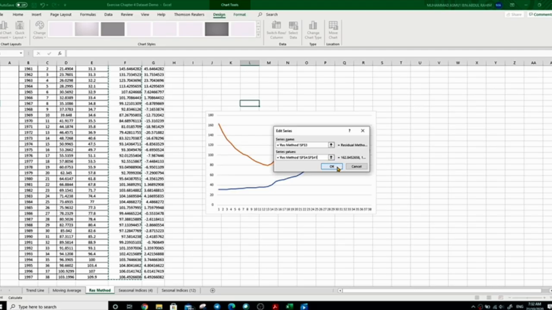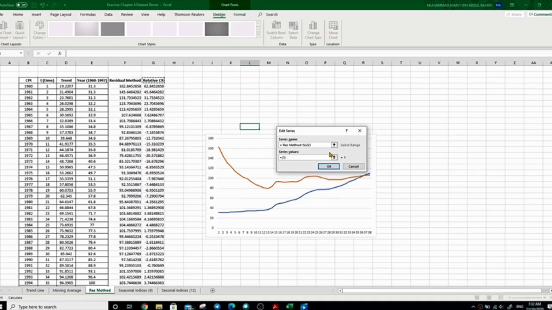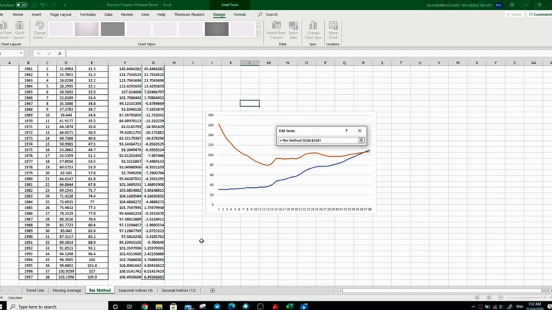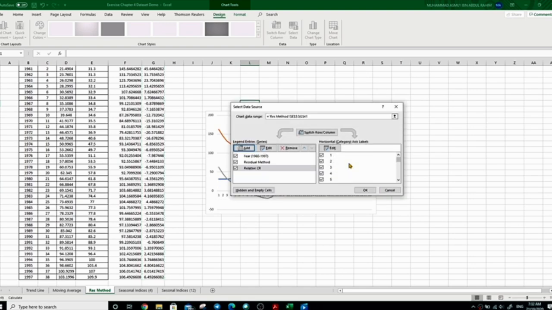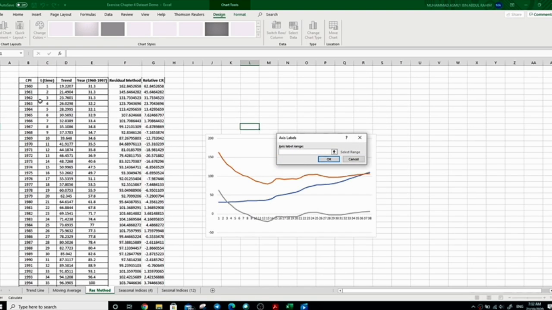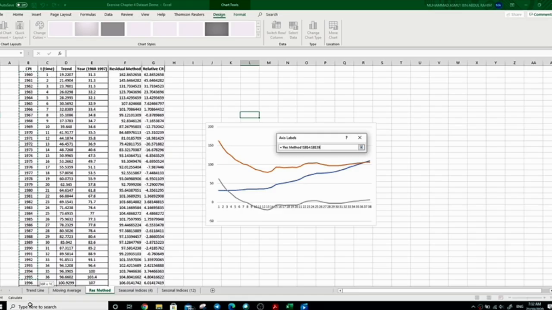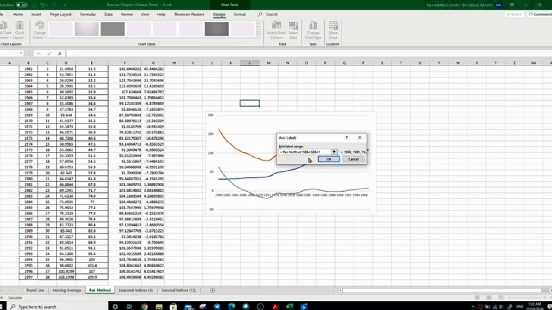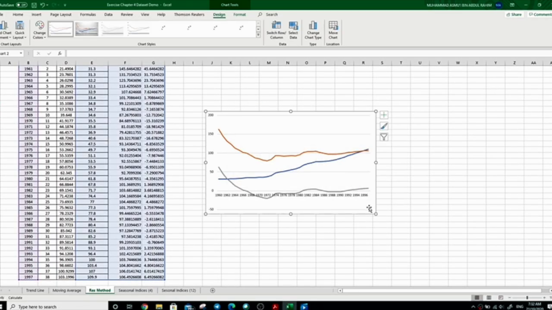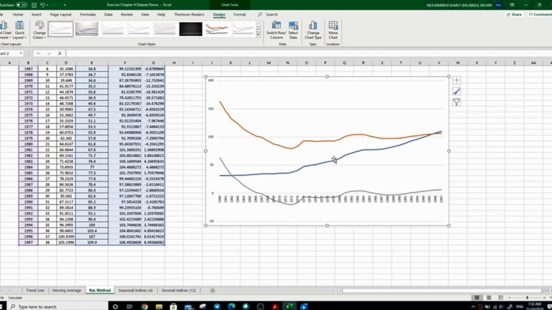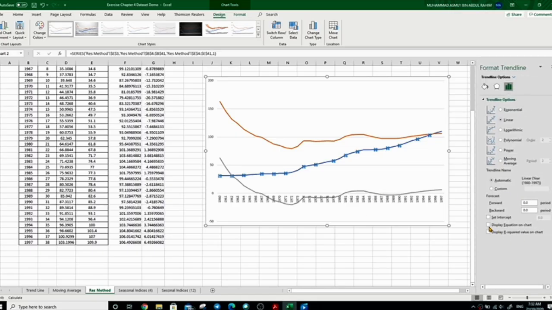And then we add the relative cyclical residual. Alright, so we edit the x-axis to represent the years here. So this is basically okay. Then add a trend line.